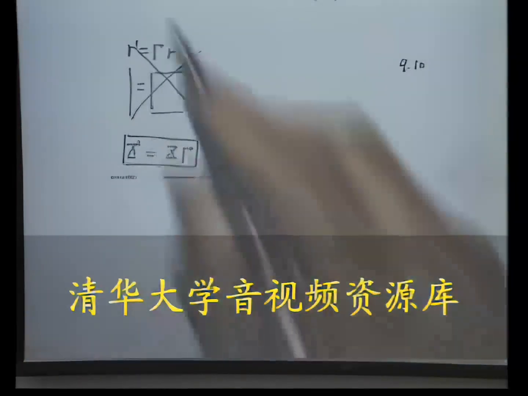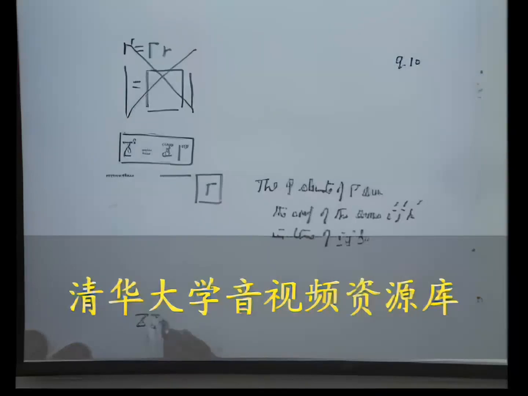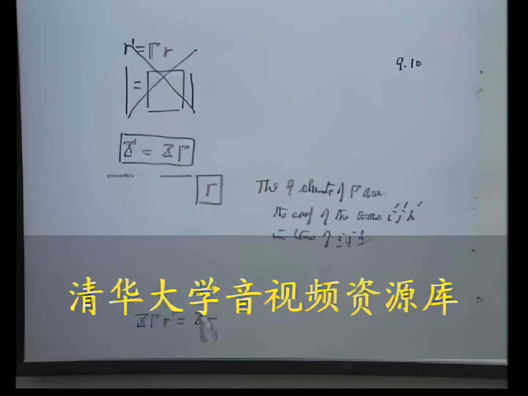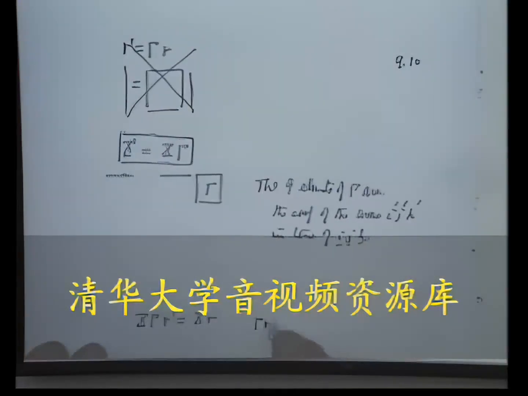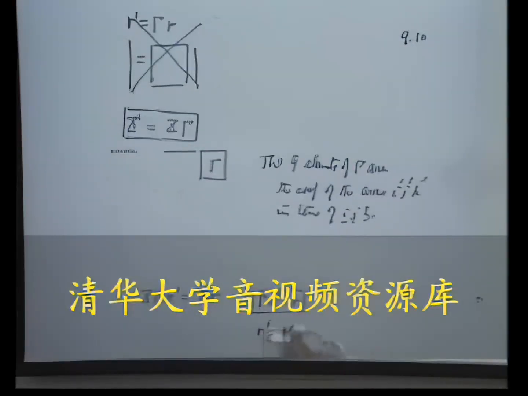If I substitute that into here, I get gamma, therefore, if I multiply this by the inverse, how do I know that gamma has an inverse?